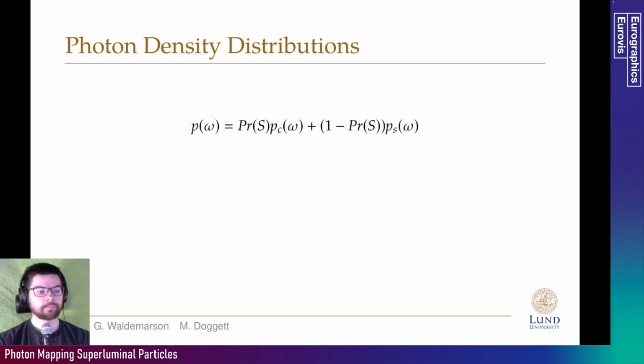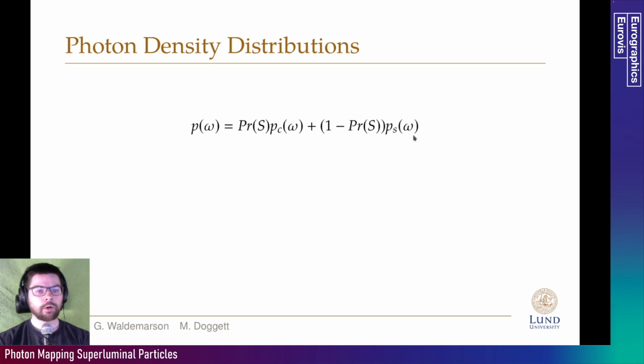Here, S is the probability of the particle being superluminal at any given point along the particle path, and PC and PS are the probability densities for a uniform direction somewhere in the Cherenkov cone and uniformly in a sphere, respectively.